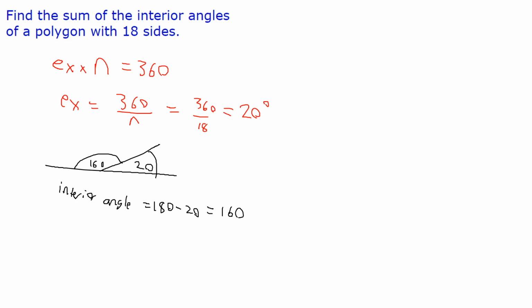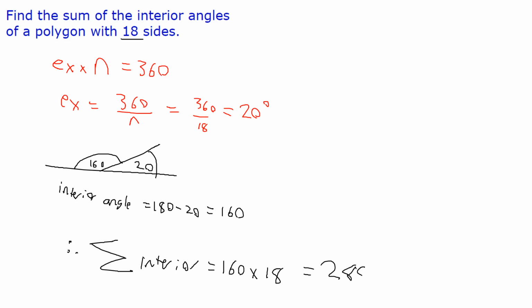And we know that it has 18 sides. So therefore, the sum of the interior angles is just going to be 160 times 18, which is simply going to be equal to 2,880 degrees, excuse me.